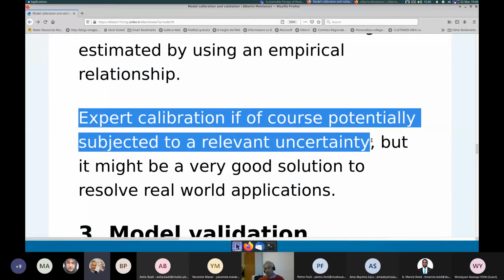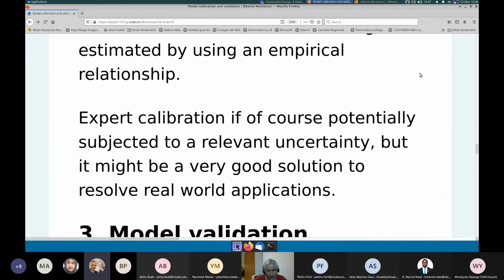Okay, so I'm not discussing anything more than that, and I just want to say that it is an alternative, but once again, the master way is comparison with observations.